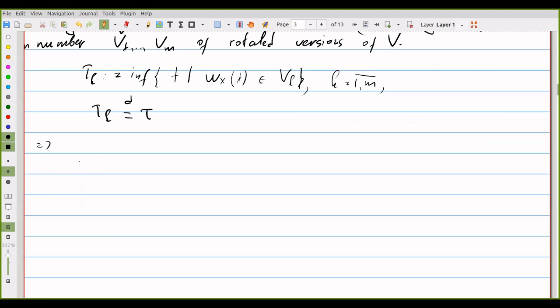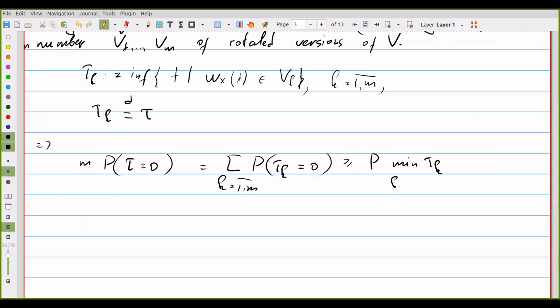Which means that if we consider m times the probability that τ equals 0, then it's greater than or equal to the sum of probabilities that τ_k equals 0, which is at least this probability, and this is 1 minus the probability that min τ_k is greater than 0.